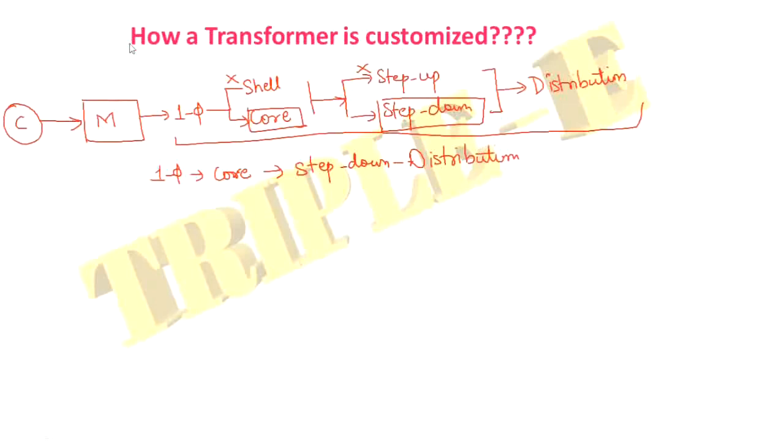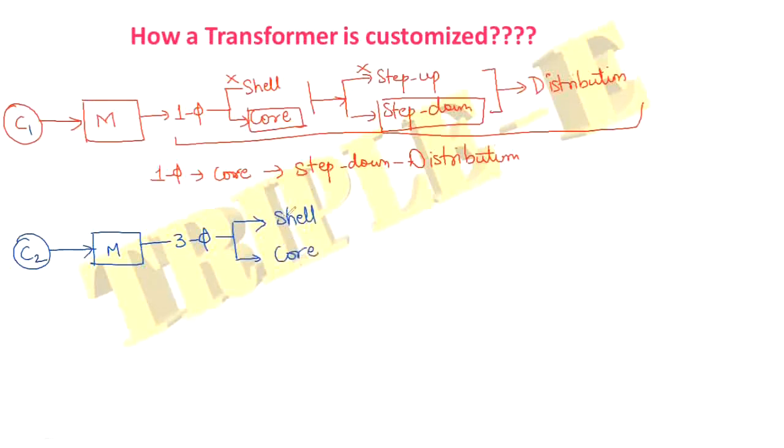Now let me take another example. The same manufacturing company is there and another customer comes. Say this is customer 1 and customer 2 comes here and says that he needs a three-phase transformer. The same questions will be asked, whether the construction should be shell type or core type.